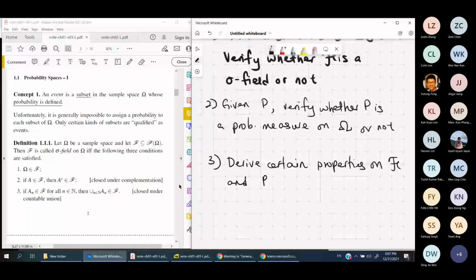So this actually should be the beginning. That means given a sample space omega.